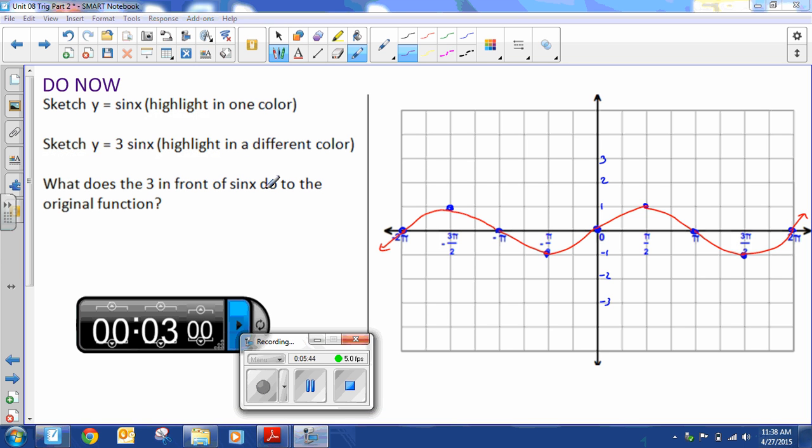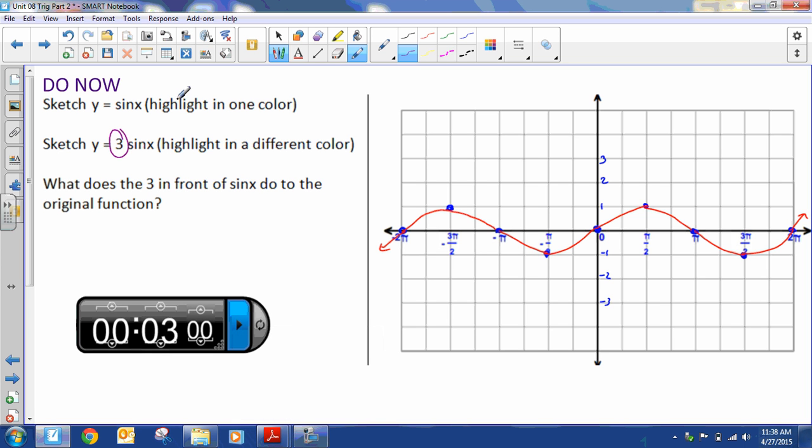What does the 3 in front of the sine x do to the original function? Okay, so again, this is amplitude, and it's basically 3 times the original parent function. 3 times 0 is 0, so we stay there. 3 times 1 is 3. 3 times 0 is 0. 3 times negative 1 is negative 3. And 3 times 0 is 0.